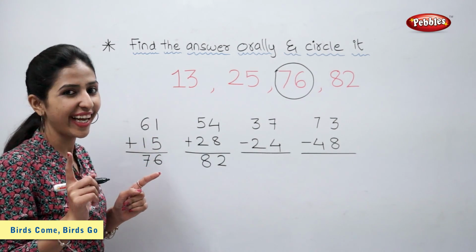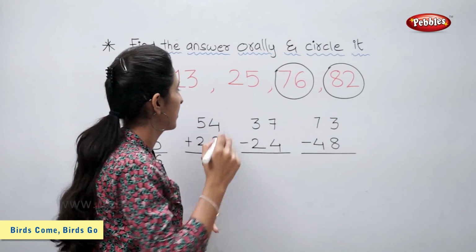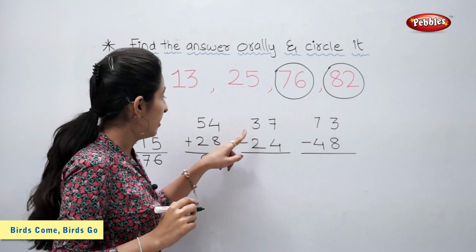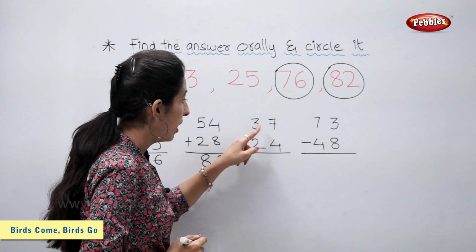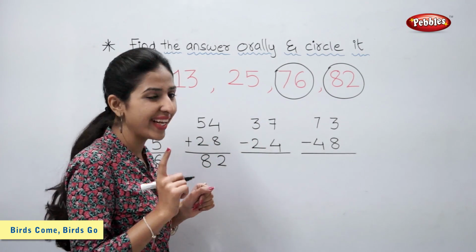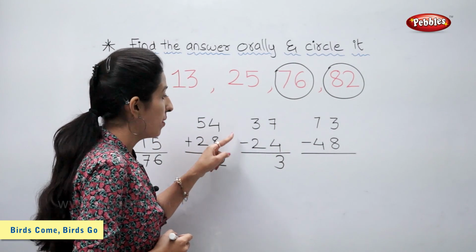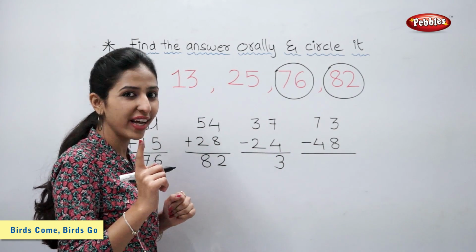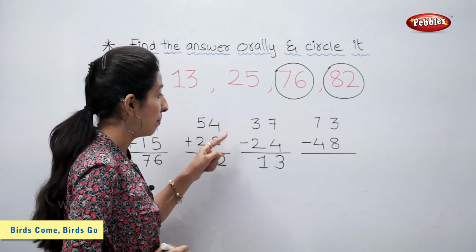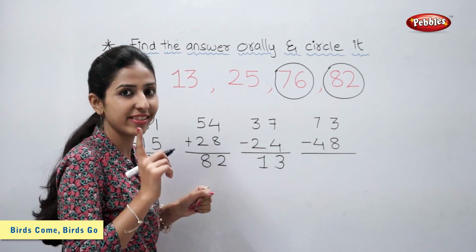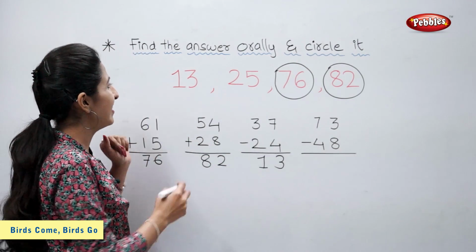Let's circle 82. 37 minus 24. 7 minus 4 is 3. 3 minus 2 is 1. So 37 minus 24 is equal to 13. Let's circle number 13.